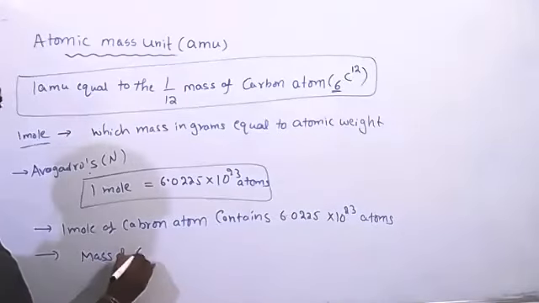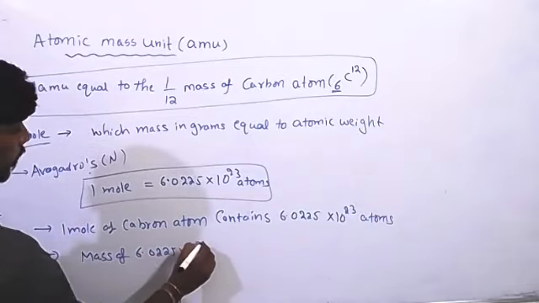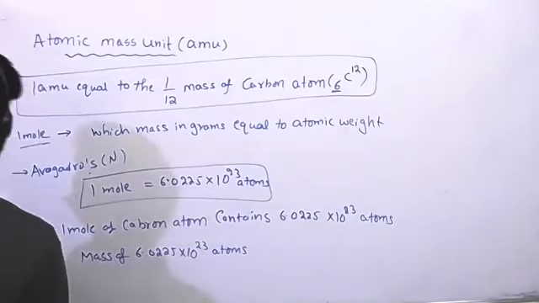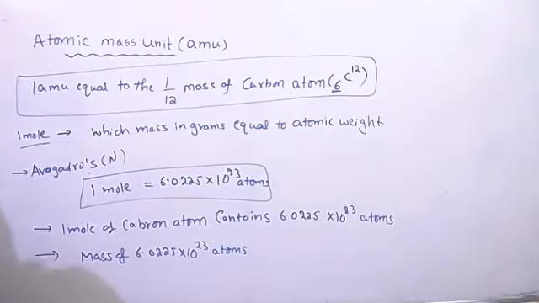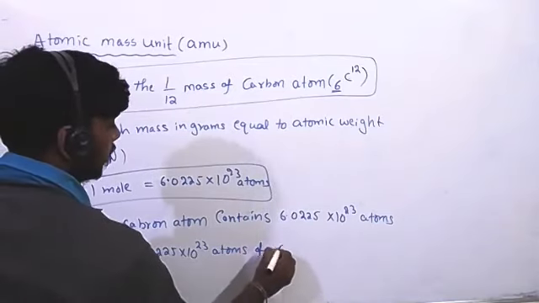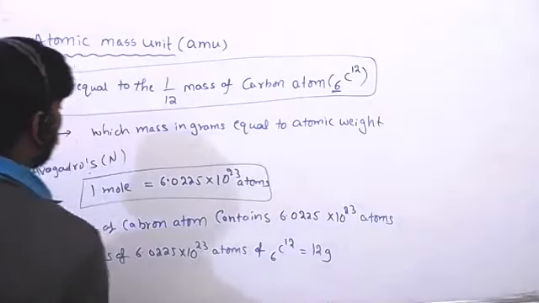Now the mass of 6.0225 into 10 to the power of 23 atoms, which atoms? Carbon atoms, atoms of 6C12, equal to 12 grams.